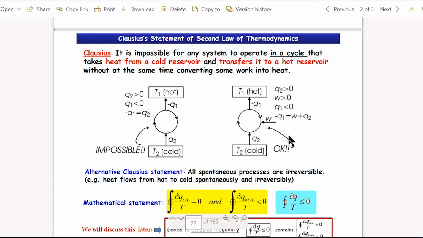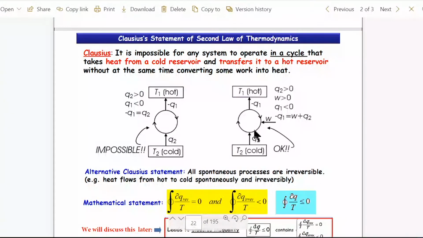We cannot have heat from a cold reservoir being transferred to a hot temperature reservoir without at the same time converting some work into heat. So you have to apply some work to take this Q heat from a cold reservoir and transfer it to a hot reservoir.